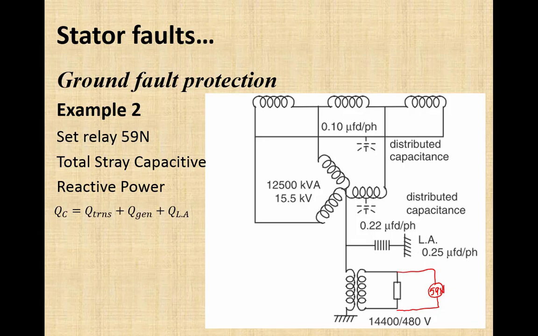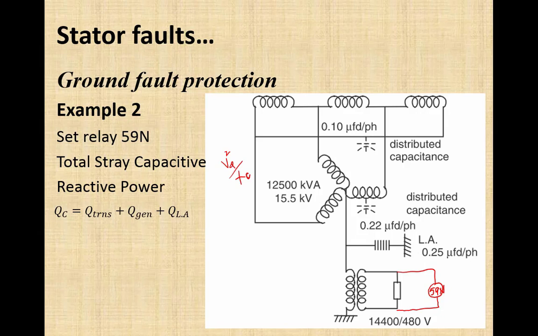So reactive power in all the stray capacitances is equal to the reactive power in stray capacitance of transformer plus reactive power in stray capacitance of generator plus reactive power dissipated in the stray capacitance of lightning arrestor. And the formula to calculate the stray capacitance reactive power is phase voltage squared divided by XC in that phase.